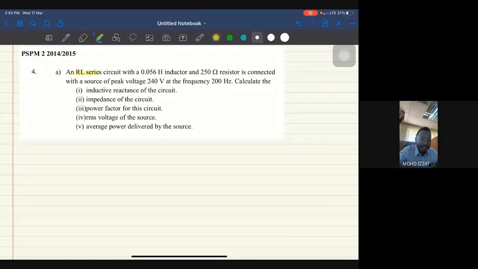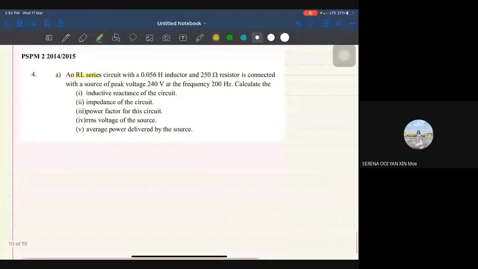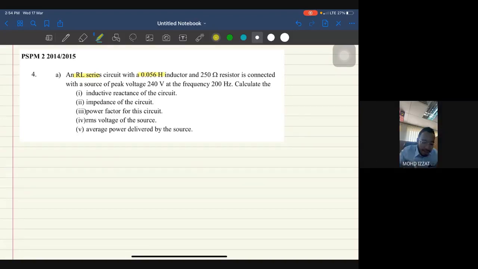Ada resistor dan inductor. So this one is actually the value for inductance and this one is value for resistor. Okay, the peak source is 240 volt and the frequency is 200 Hz.